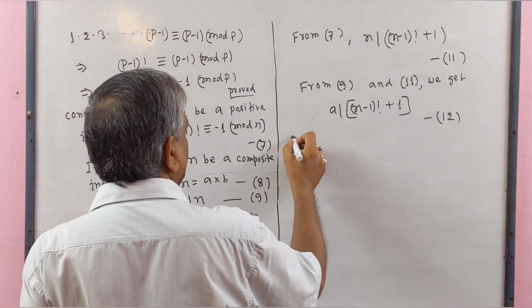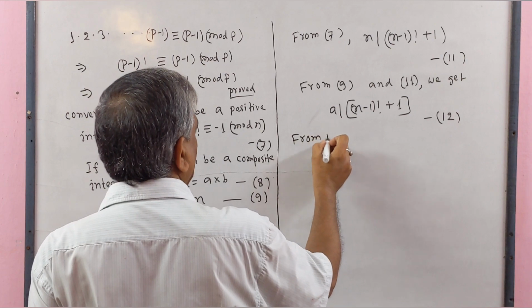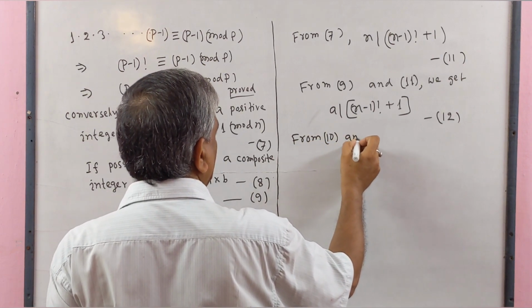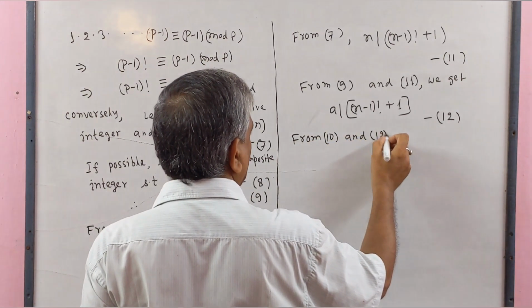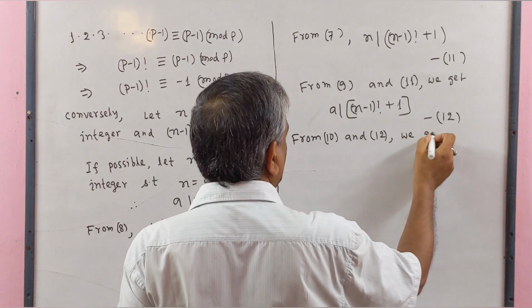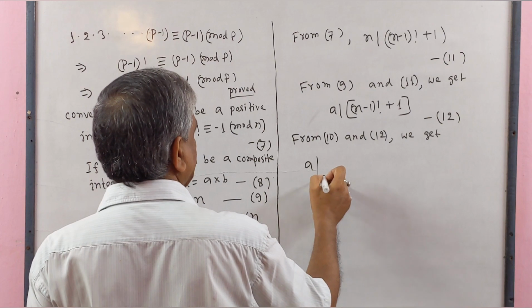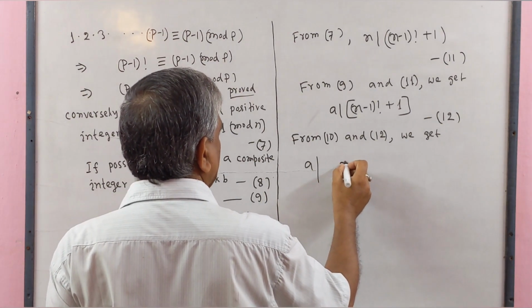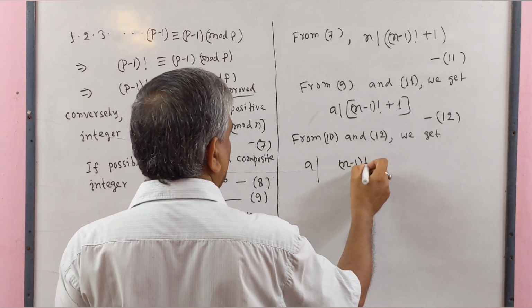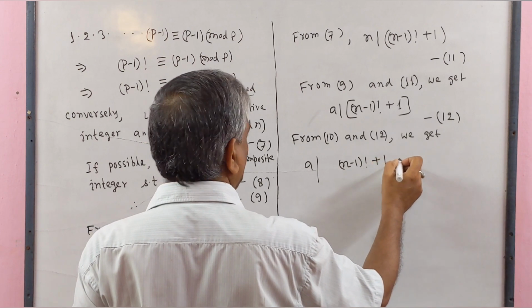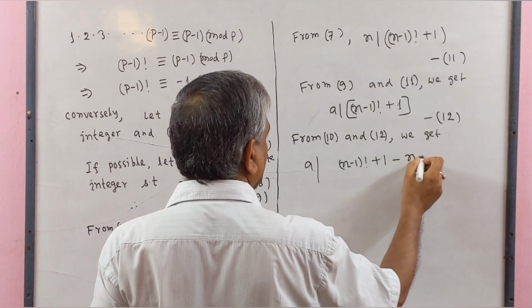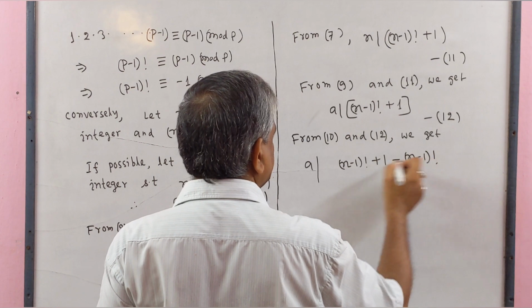From 10 and 12, we get a divides factorial n minus 1 plus 1 minus factorial n minus 1.